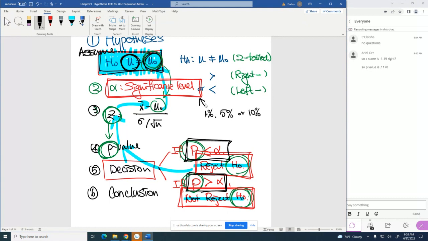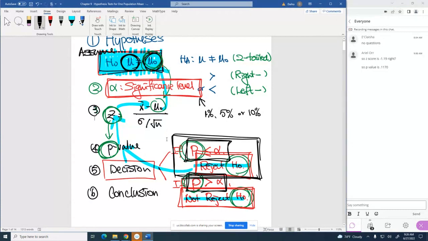Then please look at this: why do we reject the null hypothesis when the p-value is less than or equal to the alpha? To understand why, you have to know what the p-value is.